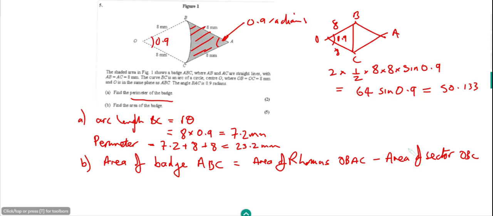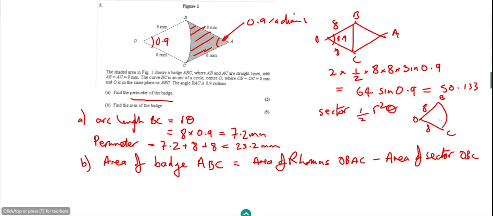And if we also find the area of the sector, the formula for that one is half r squared theta. So if I just draw part of the shape above, we've got OBC, and that's 8.